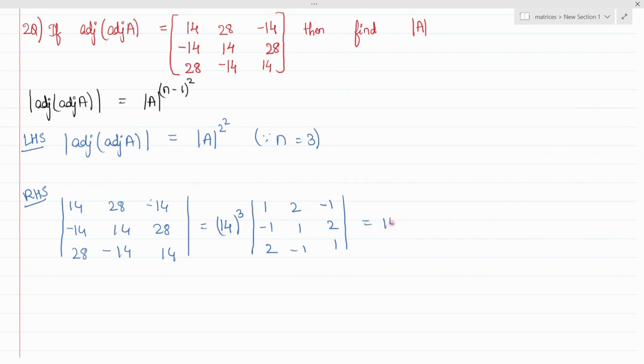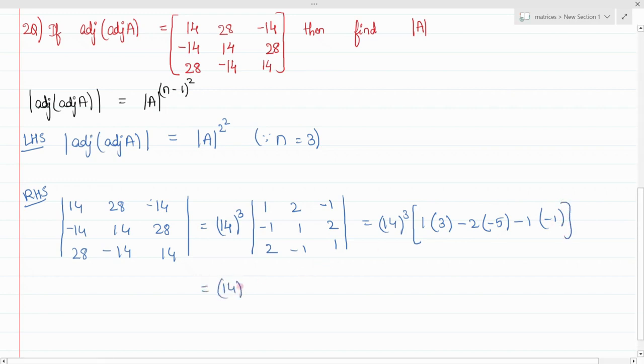Now find its determinant: 1 into (1 plus 2) is 3, minus 2 into (minus 1 minus 4), that is minus 5, minus 1 into (1 minus 2), minus 1. We'll get 14 cube into 3 plus 10, 13, plus 1, 14, that is 14 power 4.